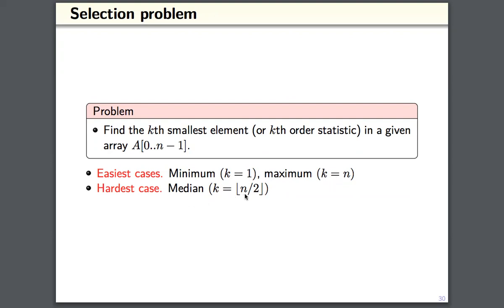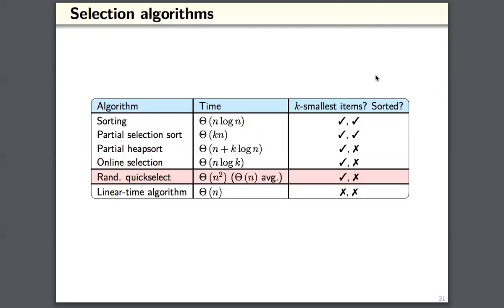But finding, say, k equal to n by 2 was extremely difficult. Whatever the value of k, we can find the kth smallest element in linear time, n time, as if you're just scanning the entire array a couple of times and finding the kth smallest element. So this is a landmark result.